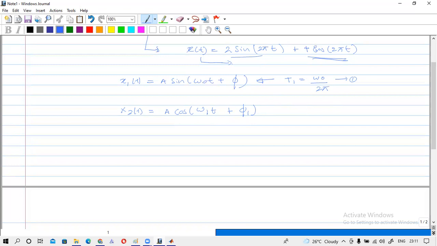You can use the same arguments which we used to determine that the sine signal is periodic, and to determine the period, for this cosine signal.